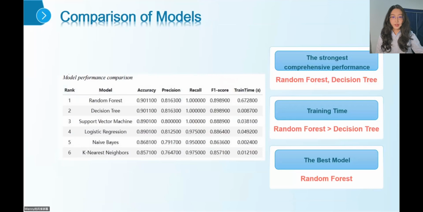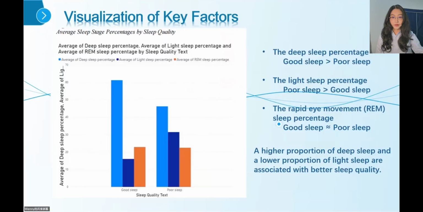The difference between them lies in training time. Random forest takes about 0.67 seconds, while the decision tree only takes 0.0087 seconds. After considering that the decision tree easily overfits the training data, random forest would be the best performing model.